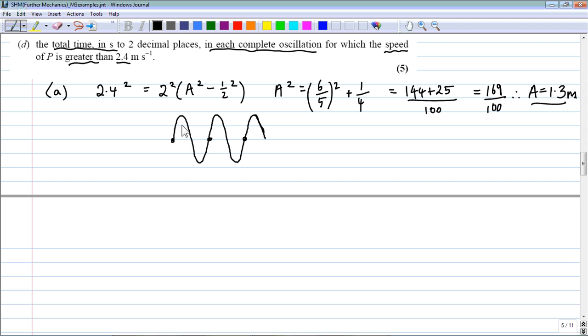Each period is exactly the same in all respects, yeah? So however long we spend, well, okay, in this question we're only talking about one oscillation, but we could be talking about any number of oscillations. In each oscillation, there will be a certain period of time when the speed is bigger than 2.4.